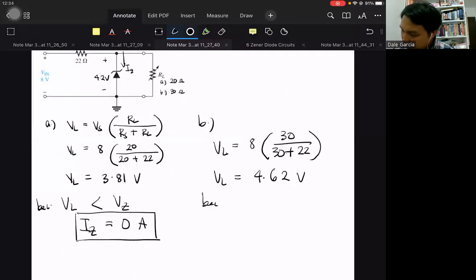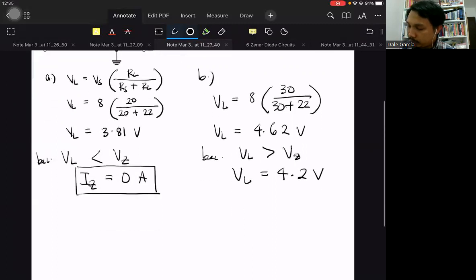Now this time, because VL is greater than VZ, VL is not anymore 4.62, but na-regulate siya to only 4.2 volts. Okay, so 4.2 volts na ang voltage across the load.